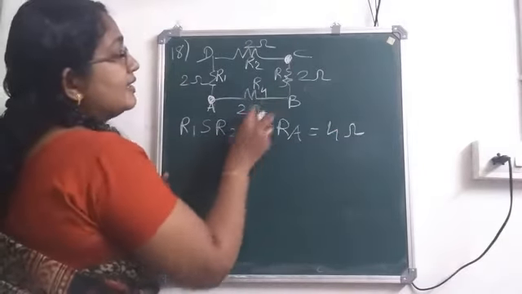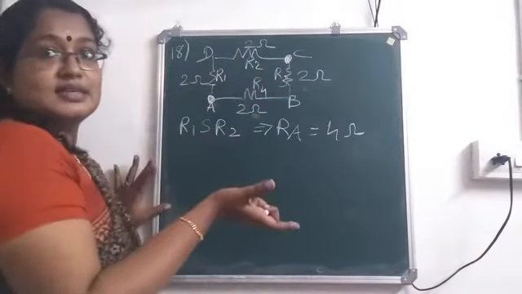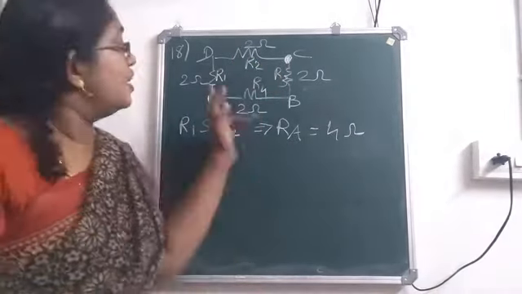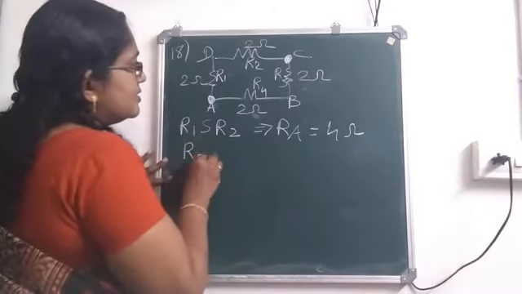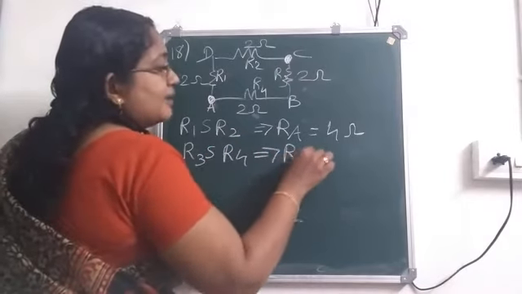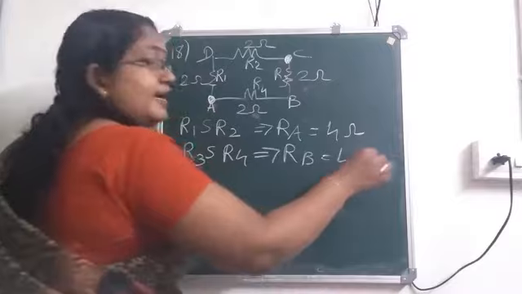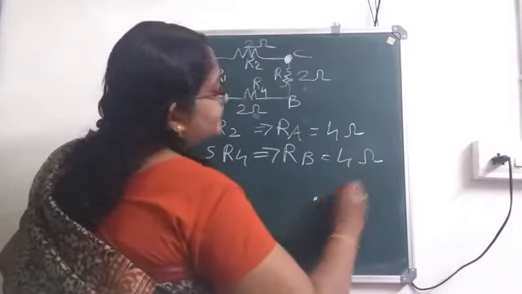Similarly, R3 and R4 come between the end points. What lies on either side is in series, and those two are then in parallel. So R3 is in series with R4. Let me take it as RB. There also you will be getting 4 ohm. Now, what will be the shape of the circuit?